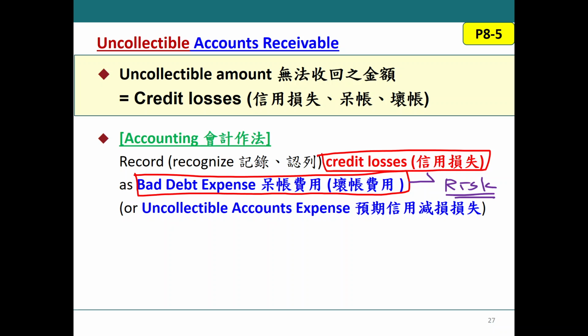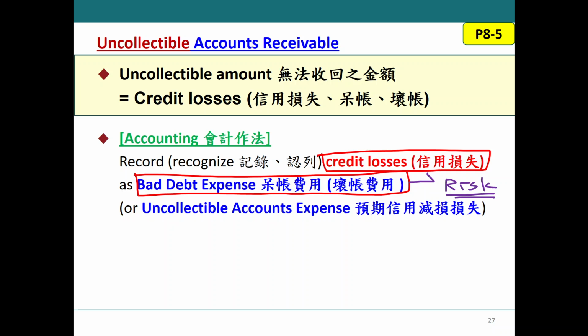Why is it 坏账费用, 呆账费用? I teach you one Chinese. Why? Because you lend the money to someone else, right? You are 呆呆. He didn't pay you money back. He is 坏坏. 你呆呆，他坏坏。Do you understand 呆呆?